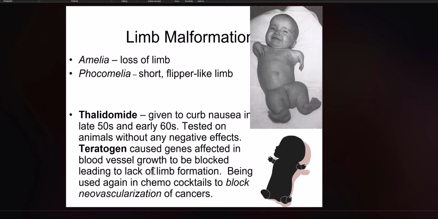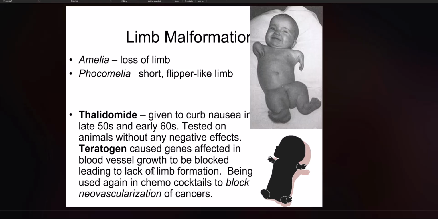Now, the thalidomide is no longer given for nausea and is no longer given routinely, but the thalidomide is still used in some chemotherapy cocktails. So when a person gets chemotherapy, you know that chemotherapy is given to chase after rapidly growing cells. And you also know that tumors, one of the tricks that tumors must do to survive is to increase their angiogenesis.